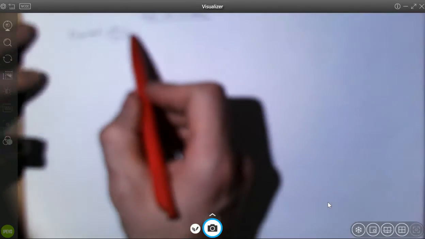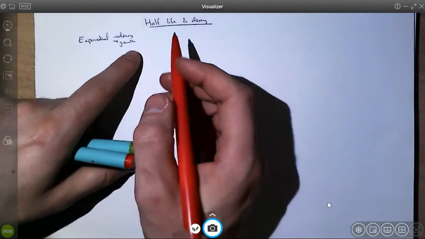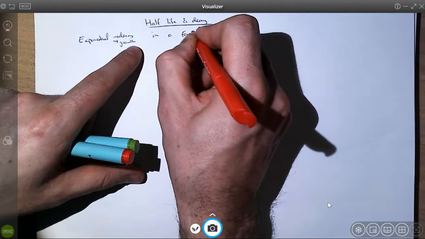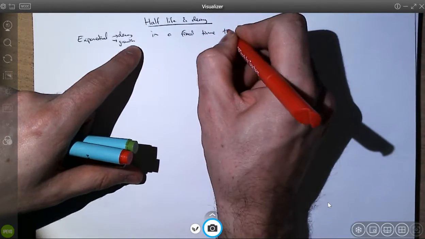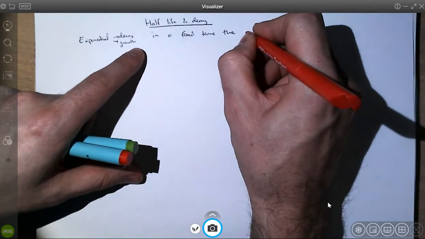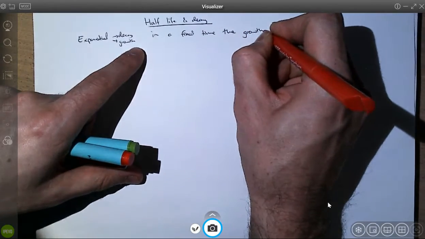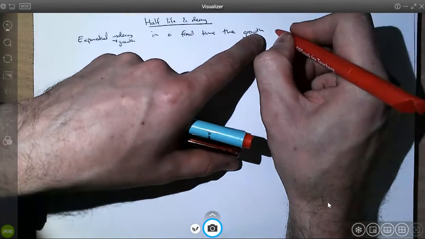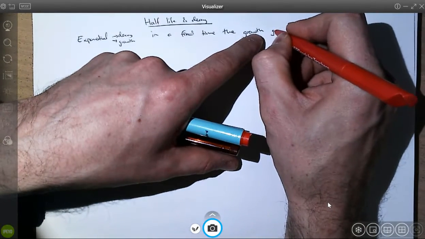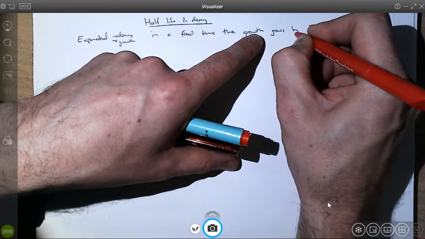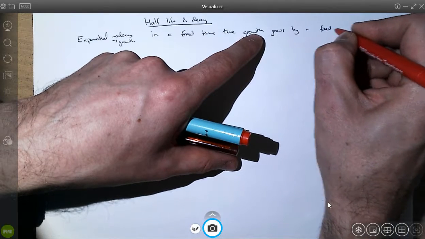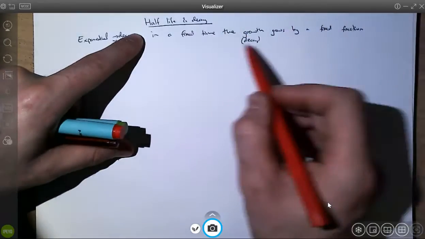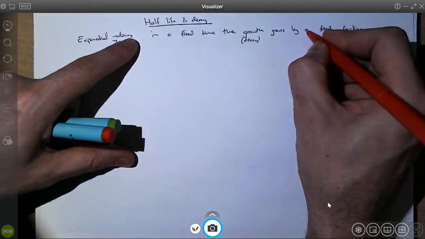So exponential decay or exponential growth means that in a fixed time, the growth, or it could equally be decay, grows by a fixed fraction. So that's not particularly helpful, especially for GCSE students.